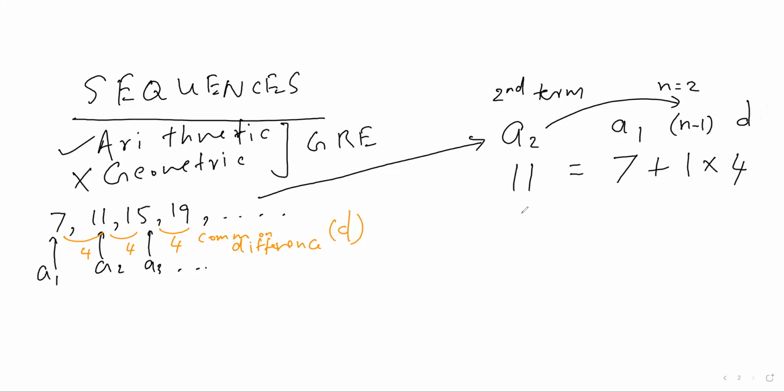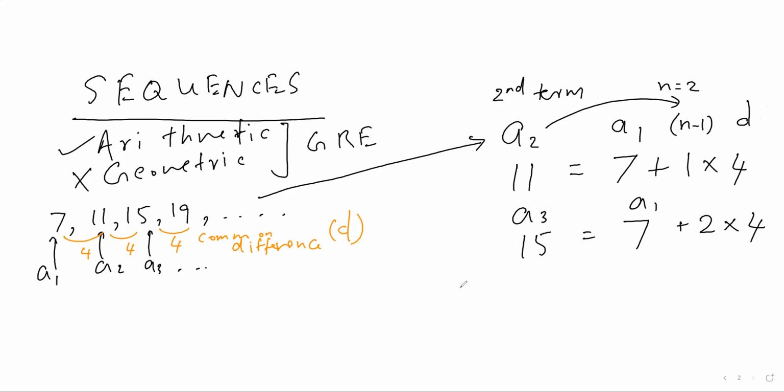Similarly, if you look at A3, which is 15, how do you obtain that? 7 plus n minus 1, which is 2, times 4. So this is 8, and 7 plus 8 is 15.